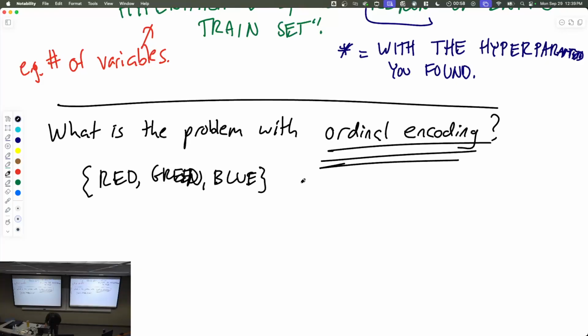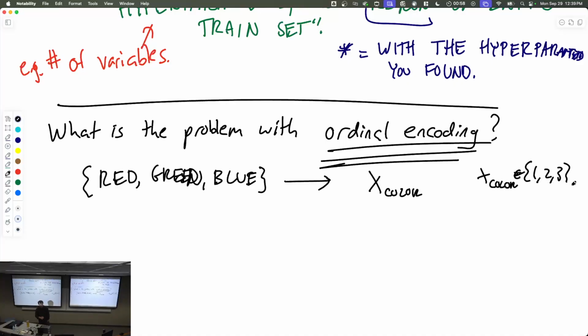And that gets mapped to some number. I'm going to call this X color, where X color is either 1, 2, or 3. So it's a very nice way you can recover the information of are you red, are you green, or are you blue. So for some methods, it works perfectly fine.